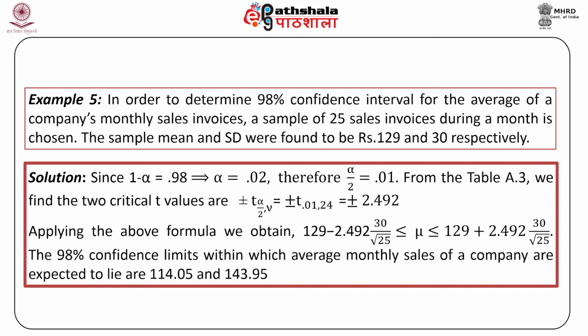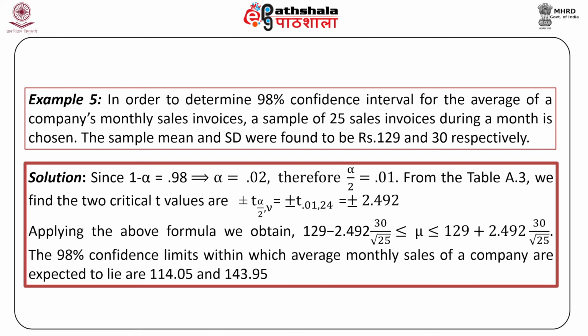What is the solution? Since 1 minus alpha is equal to 0.98, alpha is equal to 0.02. Therefore, alpha by 2 will be equal to 0.01.